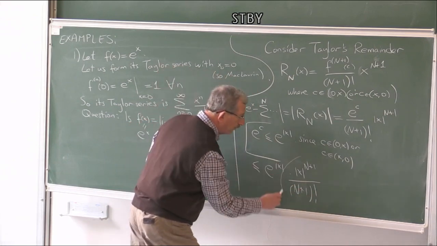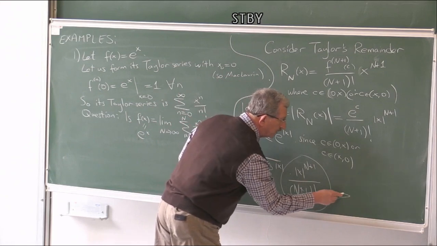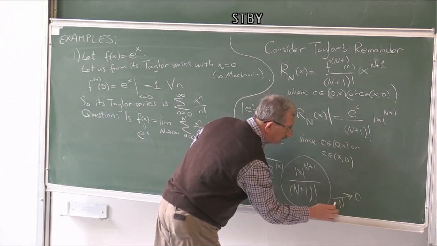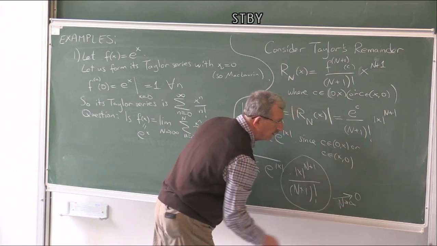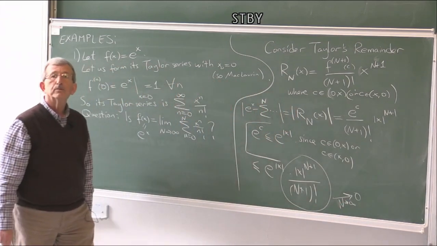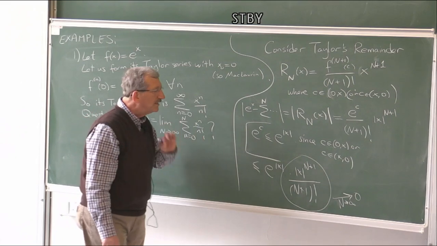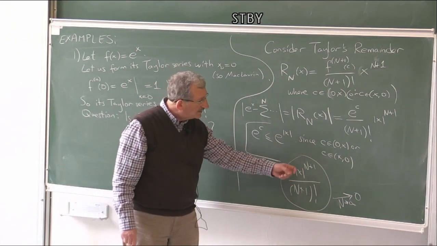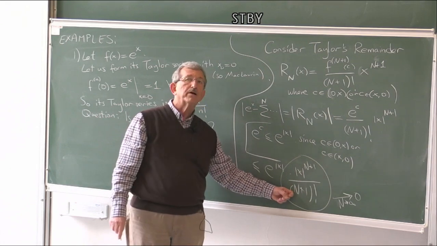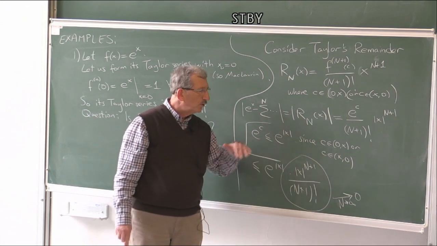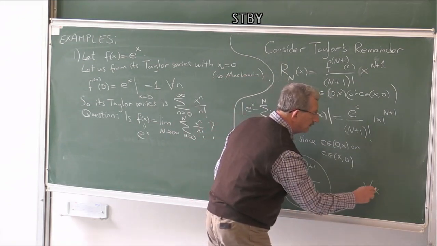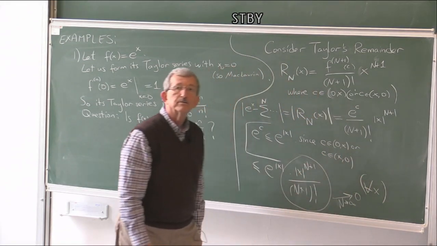But this term goes to 0 when n goes to infinity. Here, the variable is n, so absolute x is a constant, but this is exponential divided by factorial. So the ratio goes to 0 with n, and it's true for all x. There's no dependence on x.